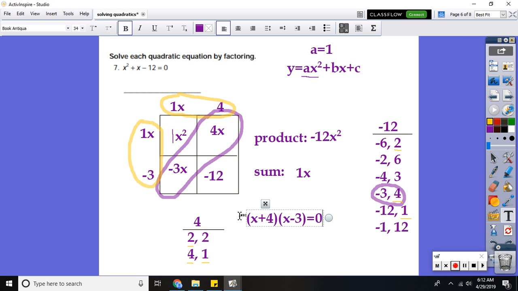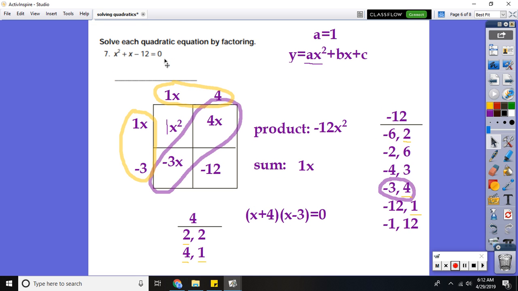Now, one thing I haven't addressed yet is this equal 0 part. It says solve. And when we solve quadratics, it can be tricky, because if we tried to solve them the same way we solve linear equations, it would be really difficult to isolate the x.